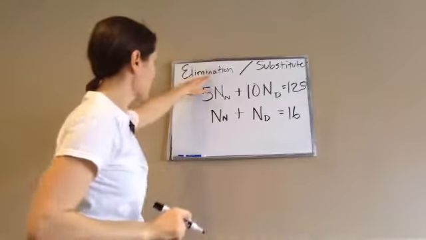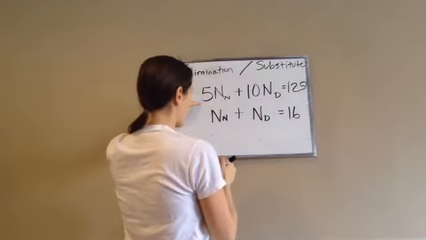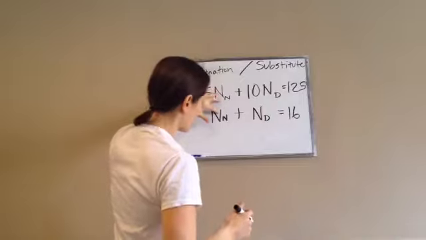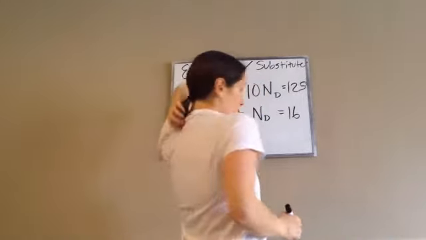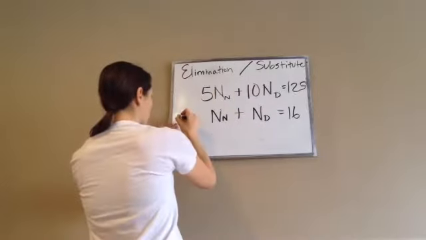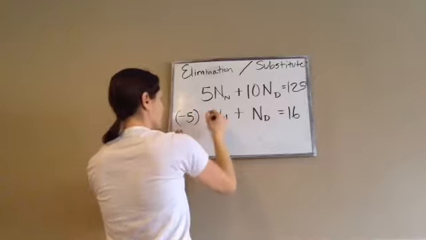If you remember elimination, what that means is we're going to try to eliminate one of these letters, either the nN or the nD. And if you remember from previous lessons, I'm going to multiply this one by -5.